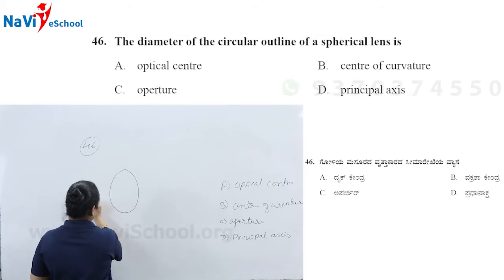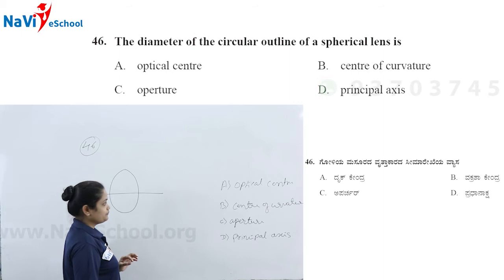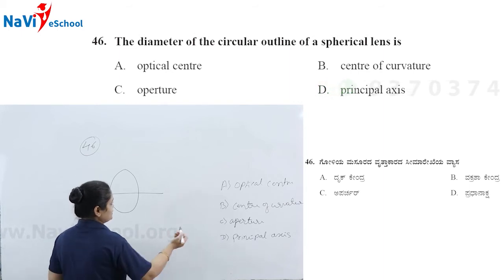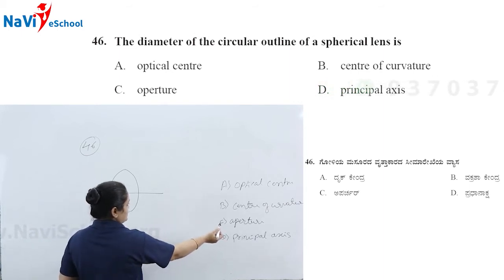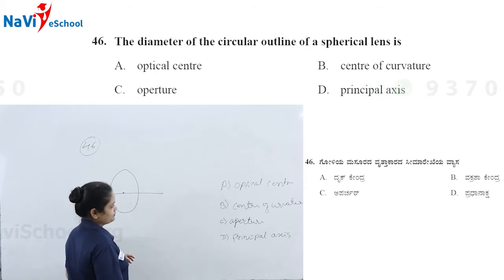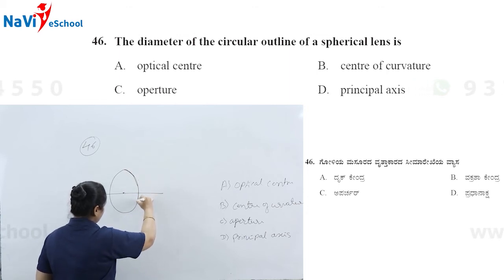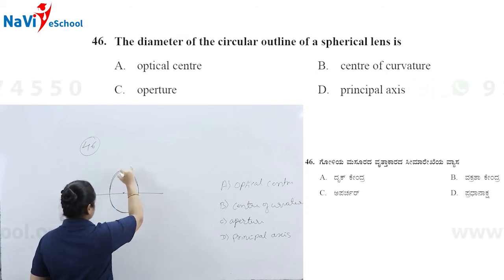So here principal axis means it will be like this, and optical center, no. Here we have to find out what this is.